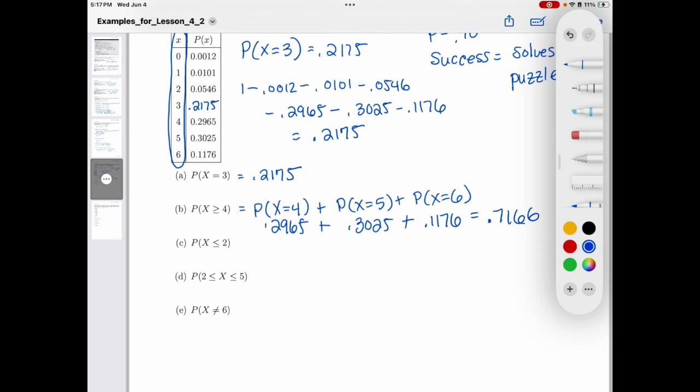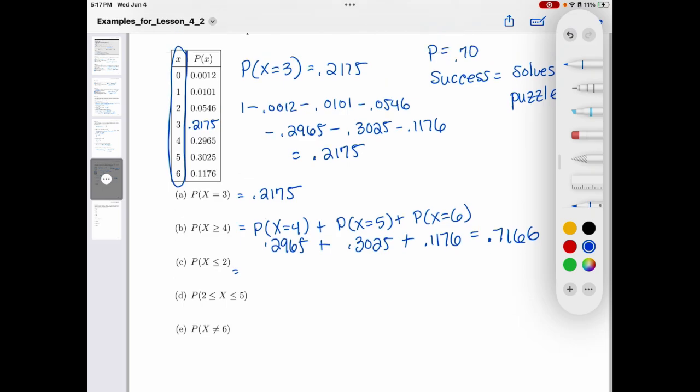Okay, so for part C, we're looking at all the values that are less than or equal to 2. Now that we're getting better at this, and we've done it a few times in the previous lesson and now, I'm not going to write out every single probability, so we're just going to look at the table and add them up. So we're going to find the probability that x is less than or equal to 2. That would be the probability of 0, which is 0.0012.